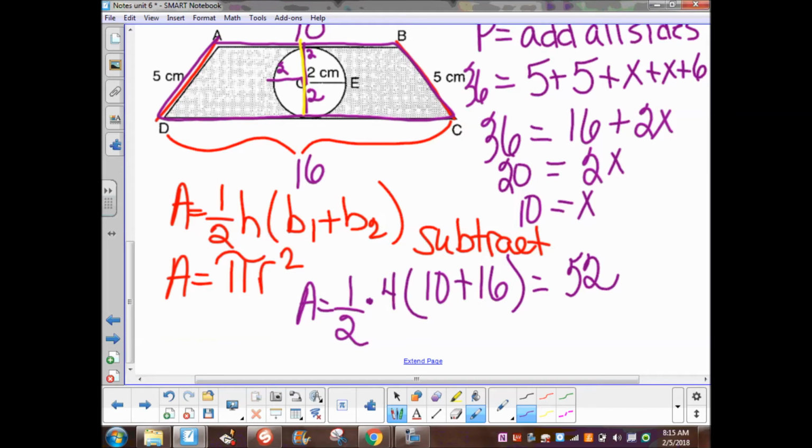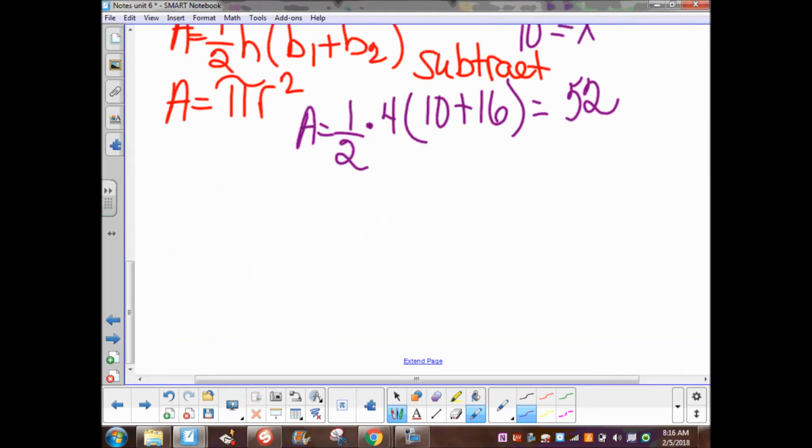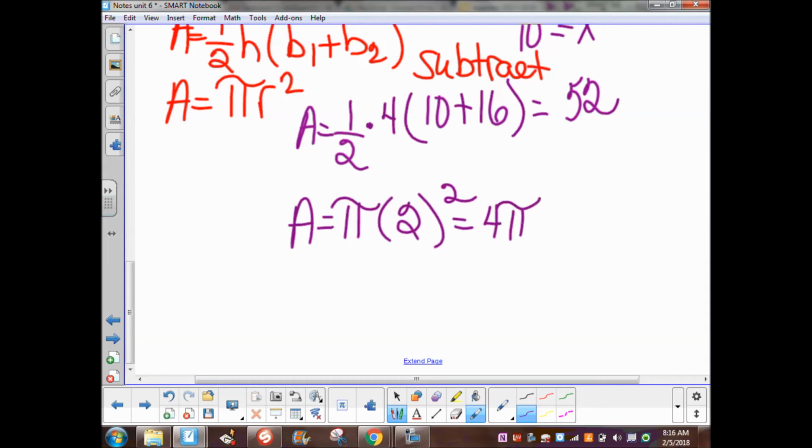Now I've got to find the area of the circle. Pi times 2 squared, which is 4 pi. Now it did say the nearest tenth, but you're going to round in the end.